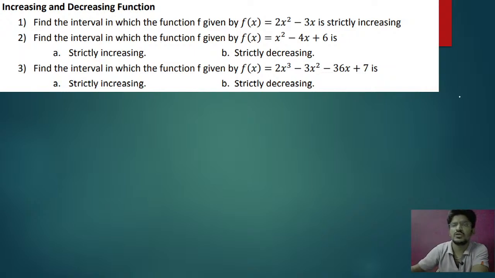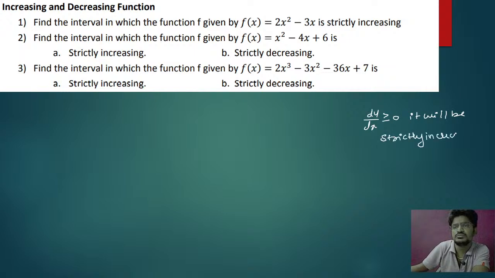So if dy by dx is greater than or equal to 0, it will be strictly increasing. If dy by dx is lesser than or equal to 0, it will be strictly decreasing.